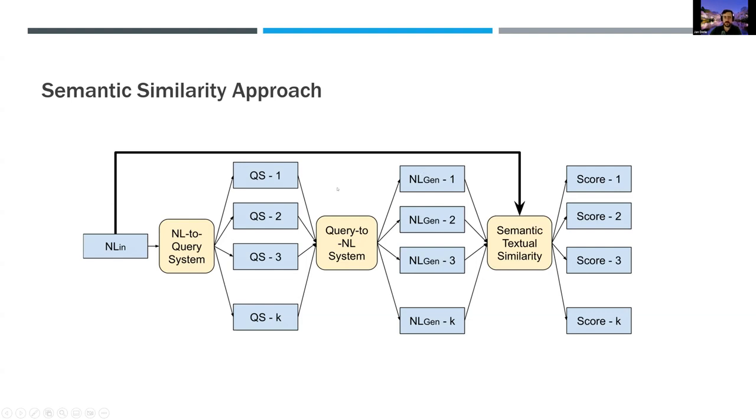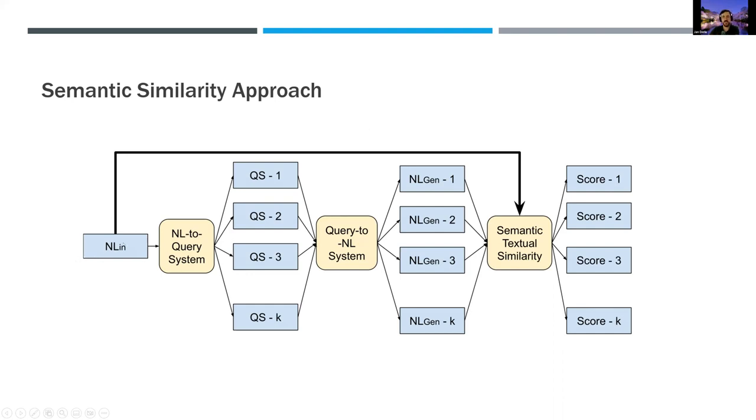The reason why we use the rule-based system is that neural approaches introduce errors, which mess up the whole process a bit. Even using GPT-3 doesn't work perfectly here. That's why we stuck to a rule-based system. Then for each of these back translations, we compare it using semantic textual similarity to the original input.